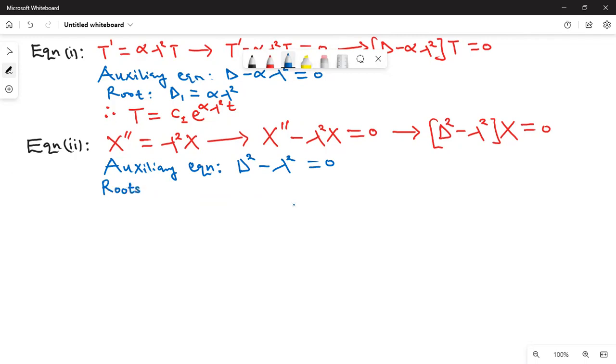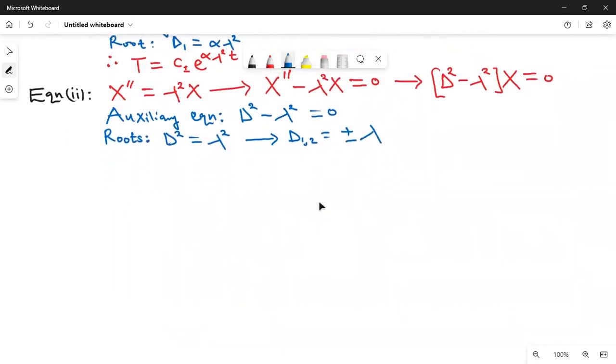Remember from there, d squared is equals to lambda squared. And you can now get 2 roots when you take the square root. You're going to get 2 roots, d1 and d2, equal to the square root of lambda squared, which is either plus or minus lambda. That is real and distinct roots. One of them is negative lambda, another one is positive lambda. They are real and distinct.